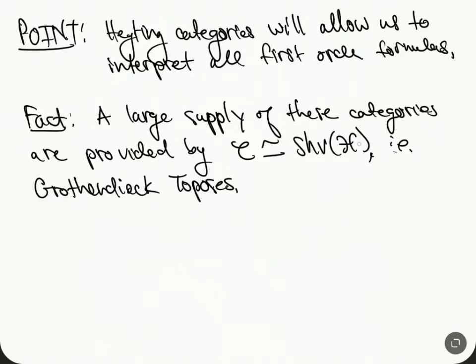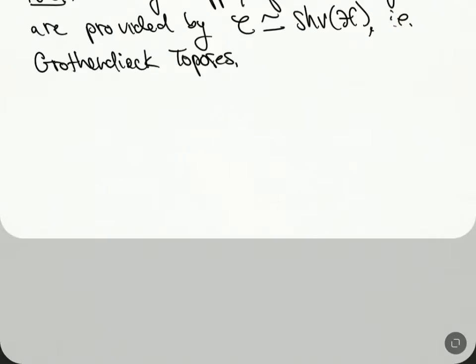Maybe the geometrically minded people are more familiar with this idea: the category of sheaves always behaves well. They have lots of limits, and when you have all the limits and lots of structure in your category, then you're bound to be able to interpret more things.